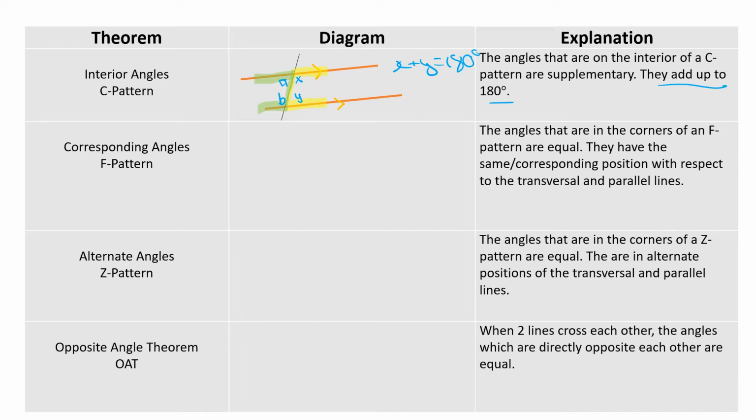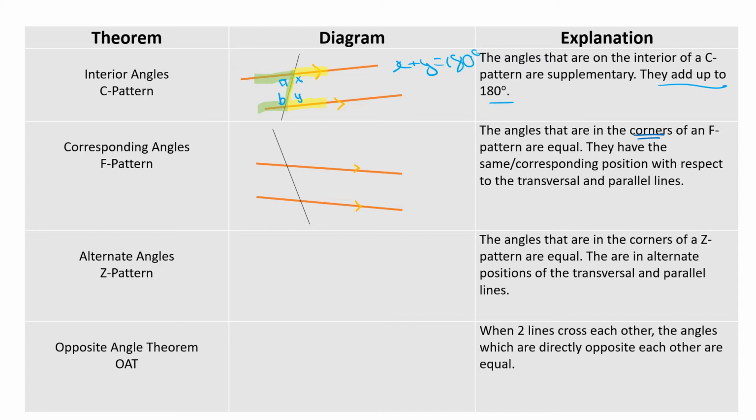That's an F pattern. So let's start with our two parallel lines, and we'll put arrows on them to show they're parallel. And we have a transversal going through them. Looking under the explanation, it says that the angles that are in the corners of an F pattern are equal. They have the same or corresponding position.